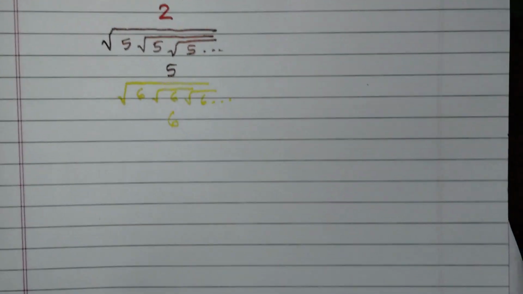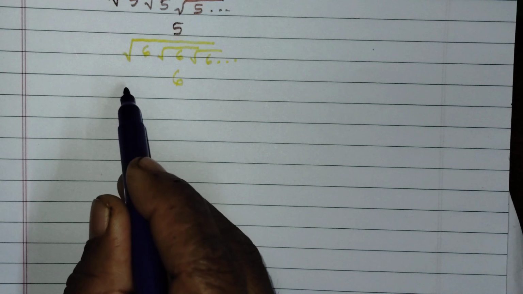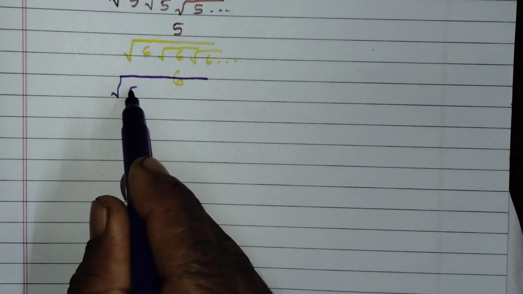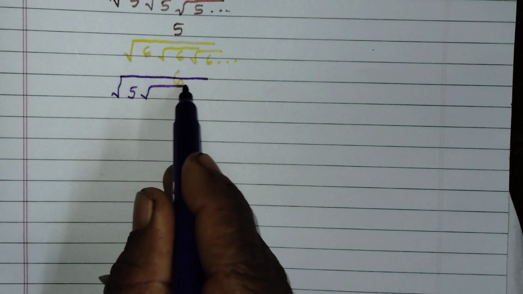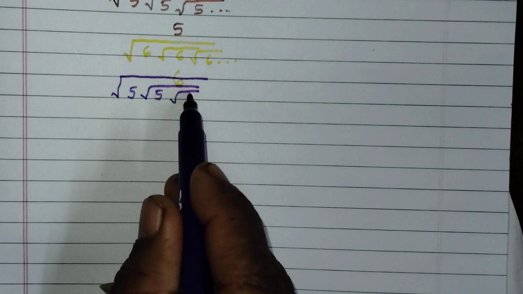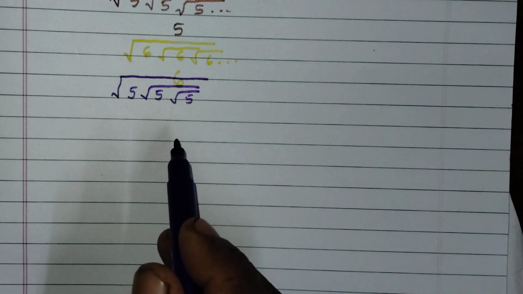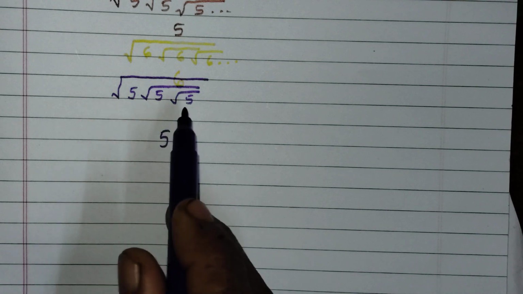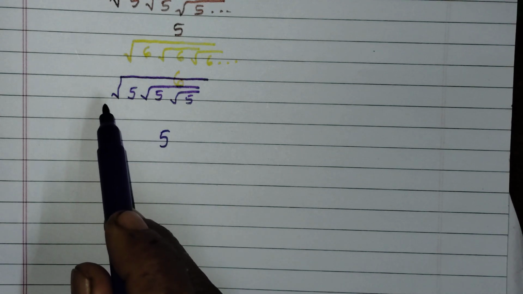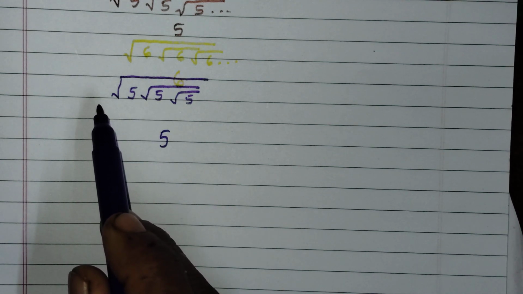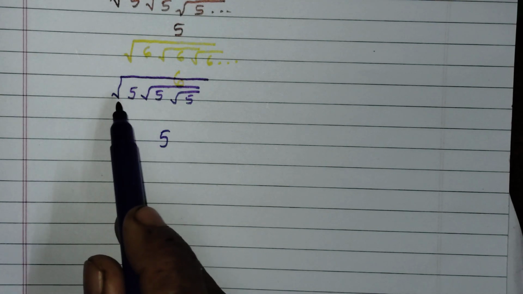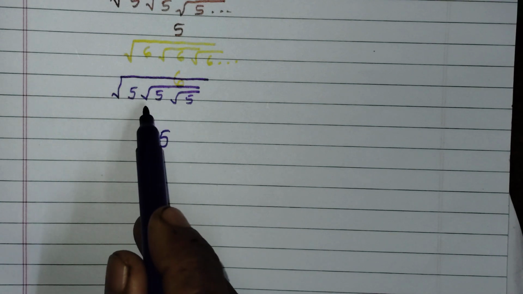This pattern follows continuously. And if the question is not infinite, suppose square root 5, square root 5, square root 5 only 3 times, then we write the number 5 as it is, and its answer is not 5. Square root means power 1 by 2. We remember 2: this sign indicates 2. So how many square root signs are there? 1, 2, 3.